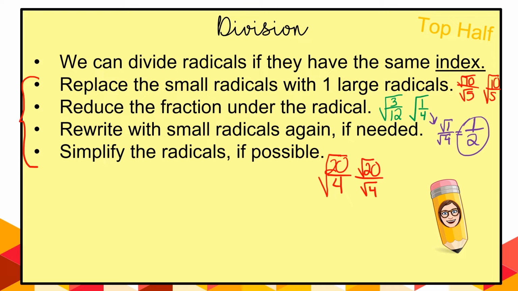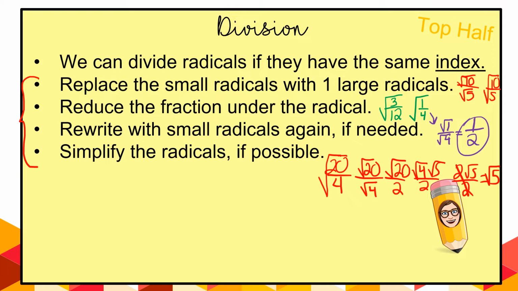I'm going to separate this and make that a 2. Perfect. That is totally okay. But then you'll notice that square root of 20 needs to simplify. That's a radical that breaks down to a 4 and a 5, right? Well, square root of 4 is 2. And 2 divided by 2 is 1. So I'm left with square root of 5.